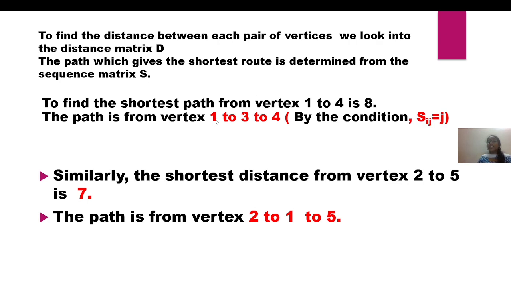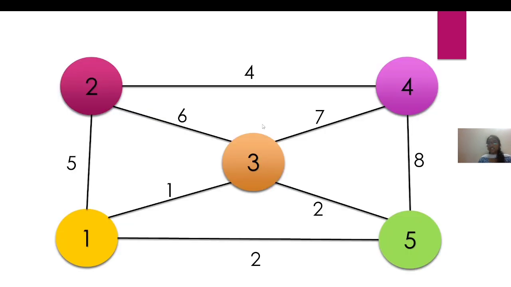So the path is from 1 to 3 and 3 to 4 that we attain the shortest path. From 1 to 3 and 3 to 4, that is 1 plus 7, 8. So this will be the shortest path for the vertices 1 and 4.